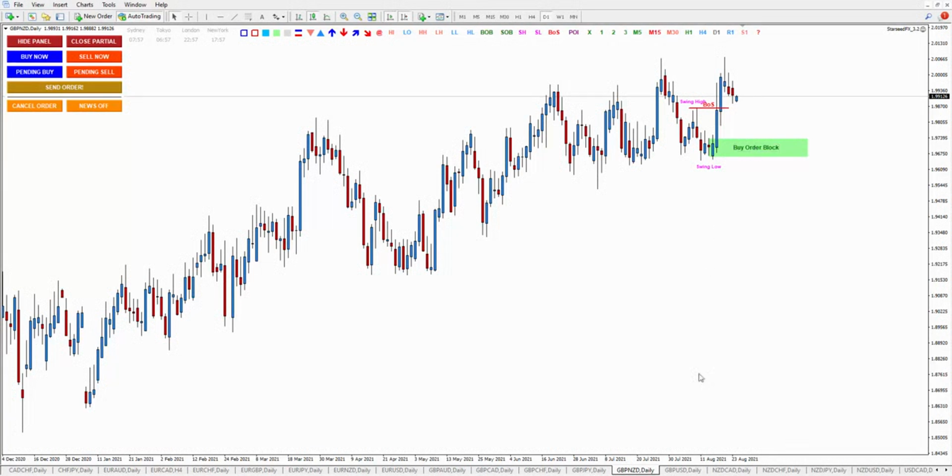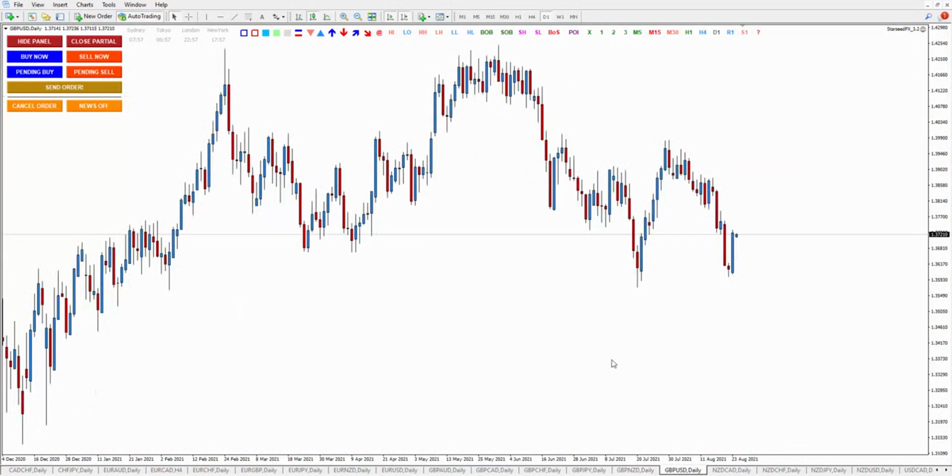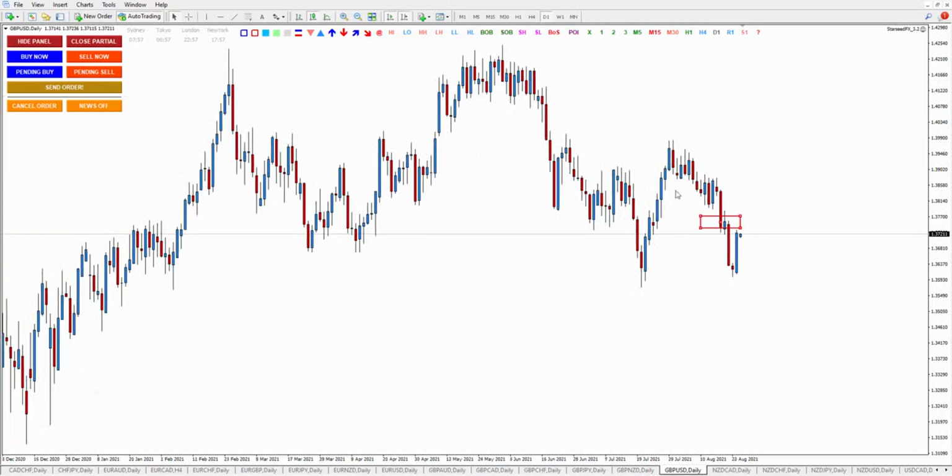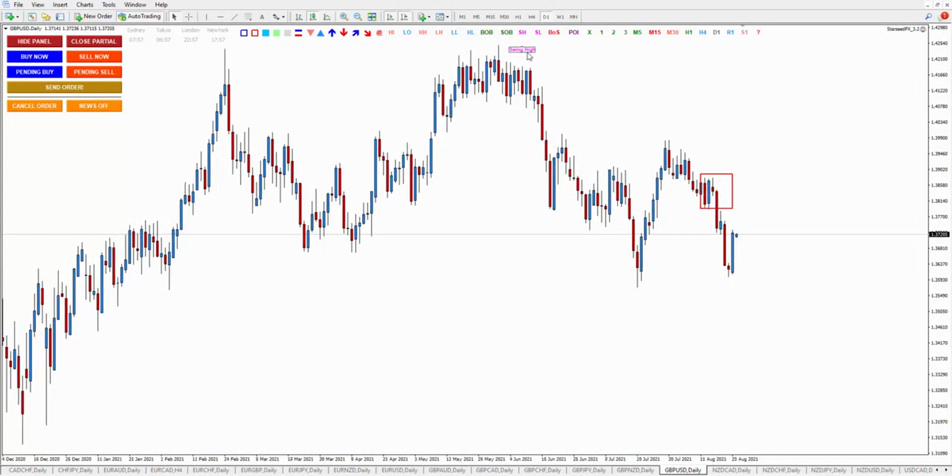All right, let's go to GU right now. GU also is not really wow, but if you see, to me this is a little sideways over here, so I can put this as a swing high and this is a swing low. You may want to argue with me about this. It's okay if you do not consider this a swing high, swing low, but to me it is. It's like a hidden one. Why?